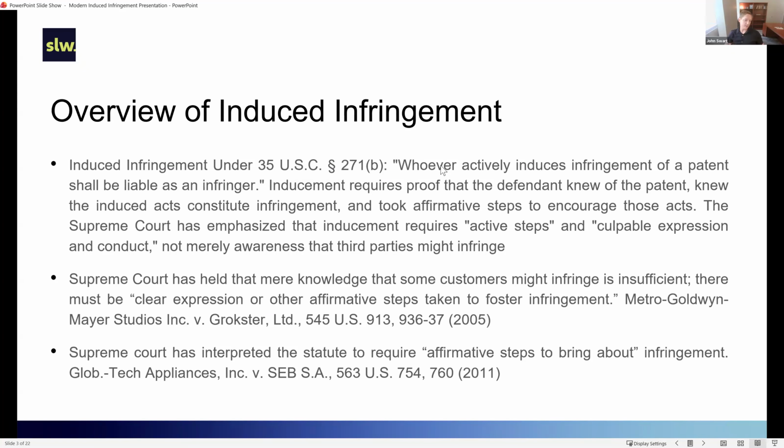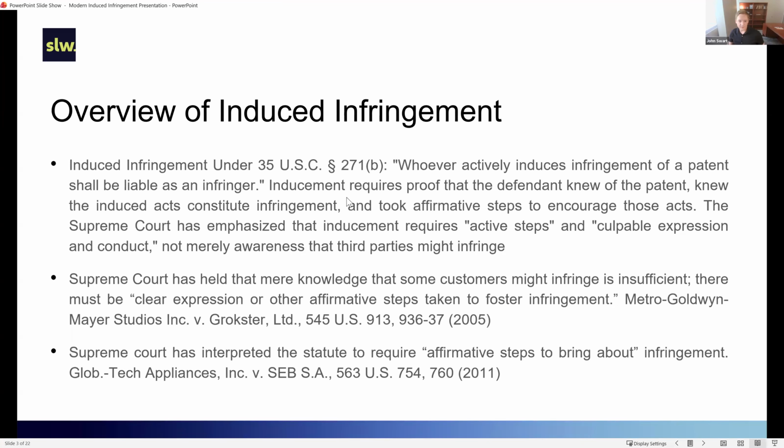Basically, as the statute says, whoever actively induces infringement of a patent shall be liable as an infringer as well. This is a pretty short provision in the statute, and courts have had the burden of interpreting this for several years now.